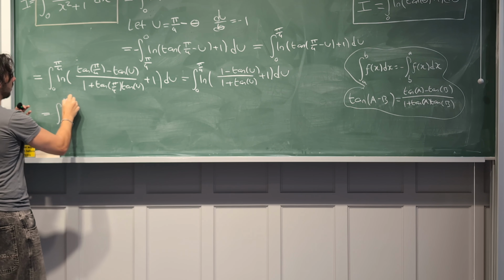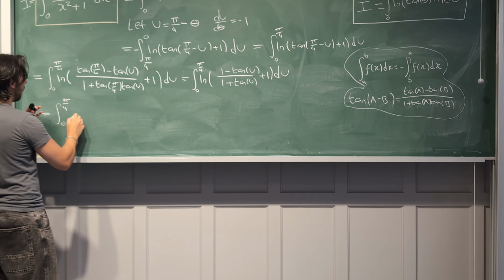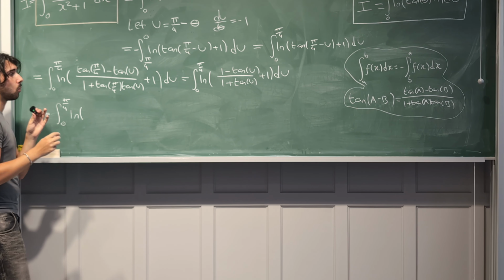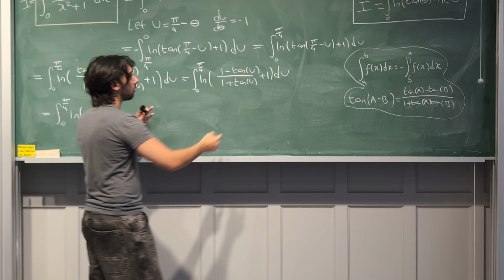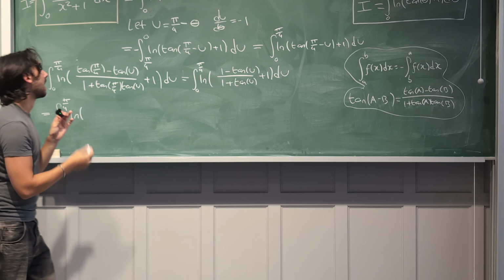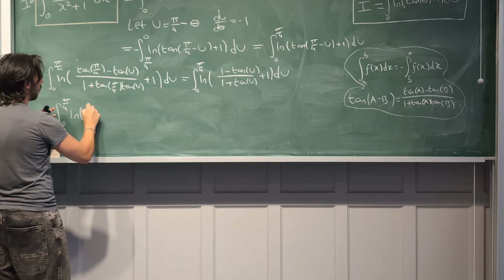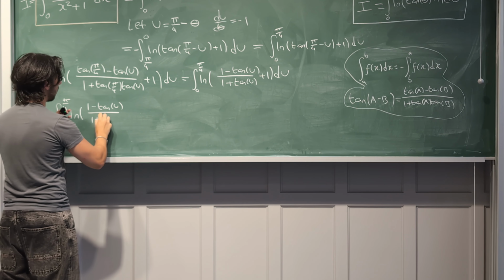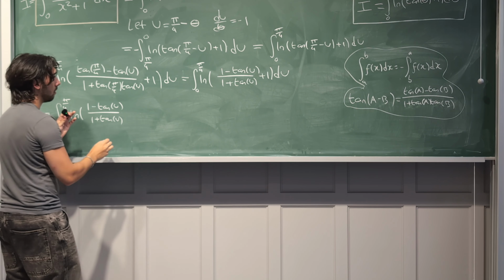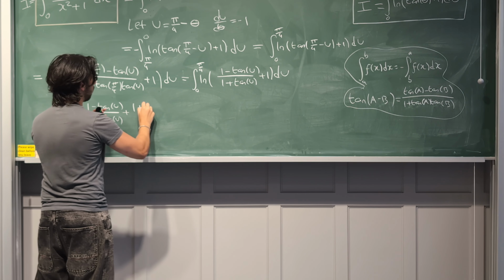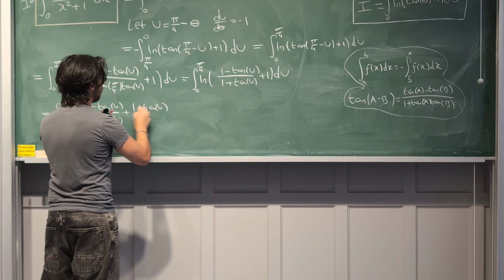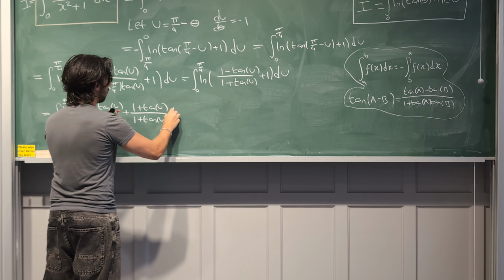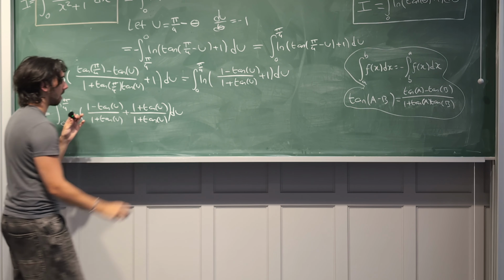We can keep going. The integral from 0 to pi over 4 of the natural log, and the number 1, I'm going to rewrite this as 1 plus tan u over 1 plus tan u, so that I can write this all as one big fraction. They have the same denominator. So I've got 1 minus tan u over 1 plus tan u plus 1 plus tan u over 1 plus tan u du like that, and bracket there.